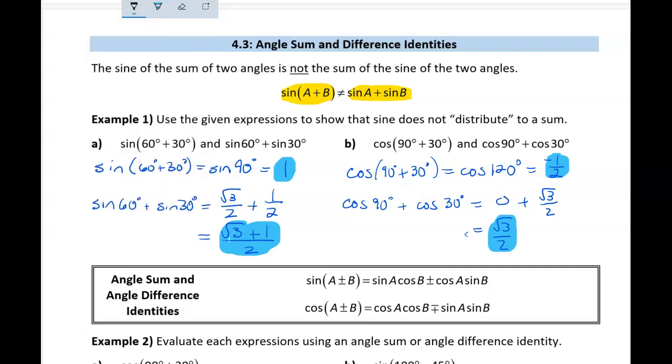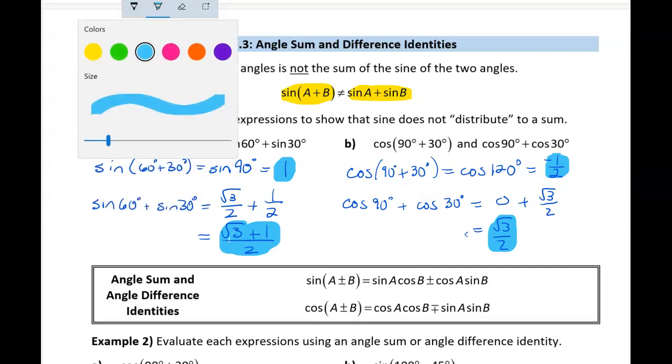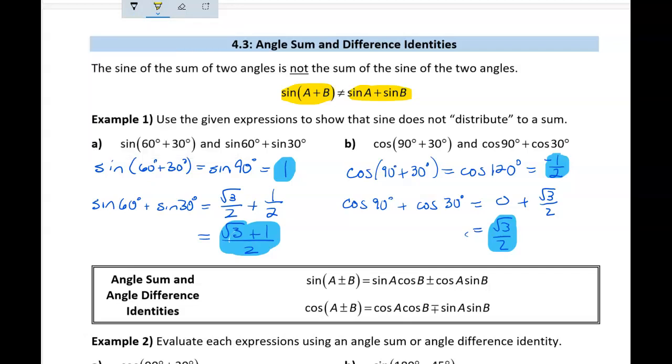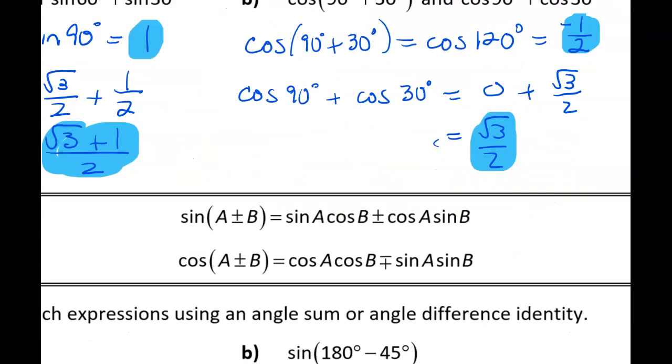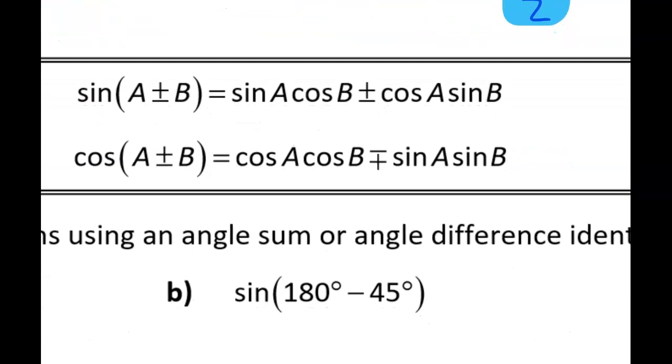All right, that brings us to what the actual formula is for an angle sum. The first angle sum formula that we have is for sine of a plus b. Sine of a plus b is sine a cosine b plus cosine a sine b.